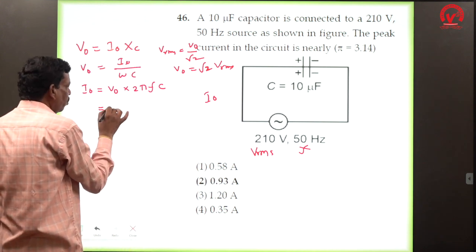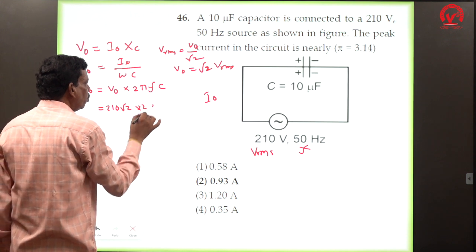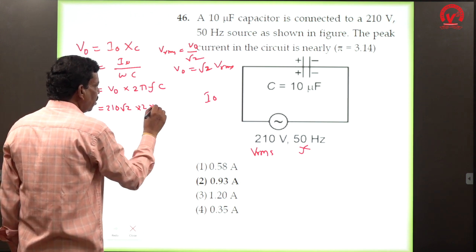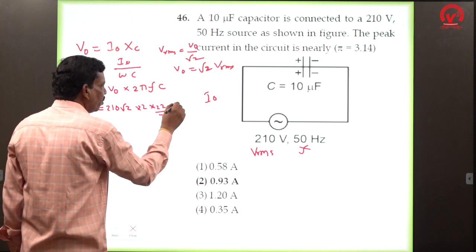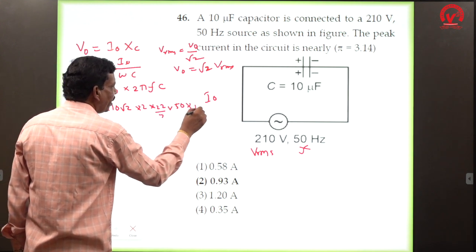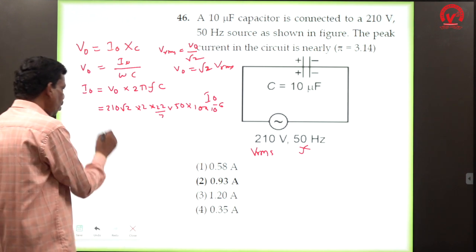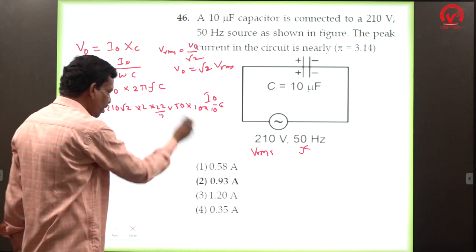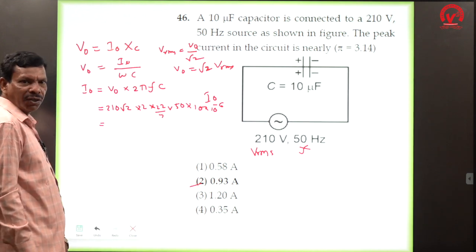So 210 root 2 into 2 into pi, taking 22 by 7, into f is 50, into C is 10 into 10 power minus 6 farads. So you have to calculate this, and you get 0.93 amps.